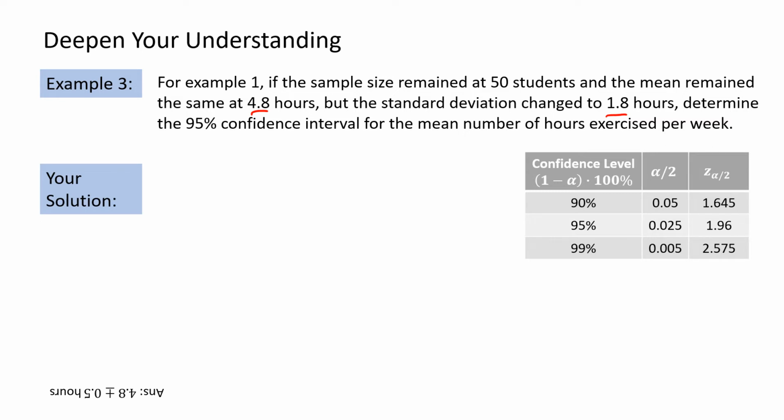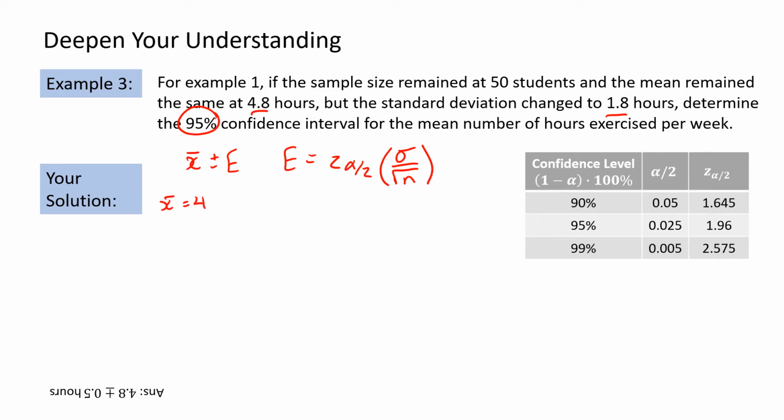So we're still finding a 95% confidence interval. Using the same formulas, we have our mean, x bar, plus or minus our error. And our error is equal to our z-score at the confidence level we select, times sigma, which is our standard deviation, divided by the square root of n, our number of samples.